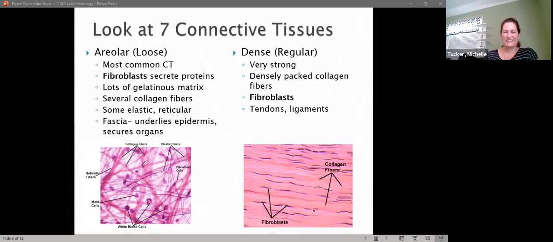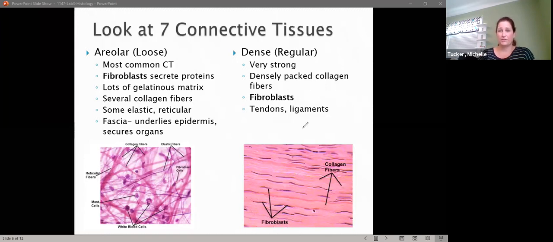It's a great tissue to stick things in that you want held but not firmly secured. So it's this multi-purpose connective tissue. It would be considered to have a moderate level of vascularity because it does have those blood vessels that run through it.